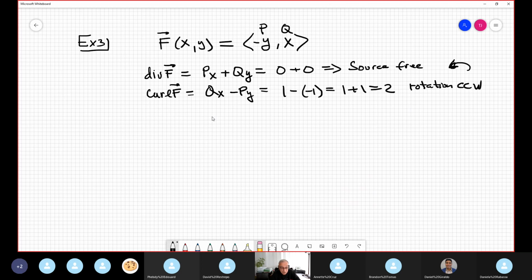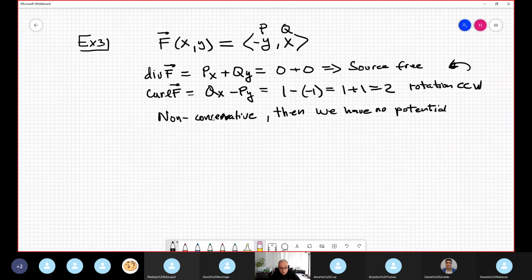So this vector field, of course, is non-conservative. Therefore, we have no potential function.